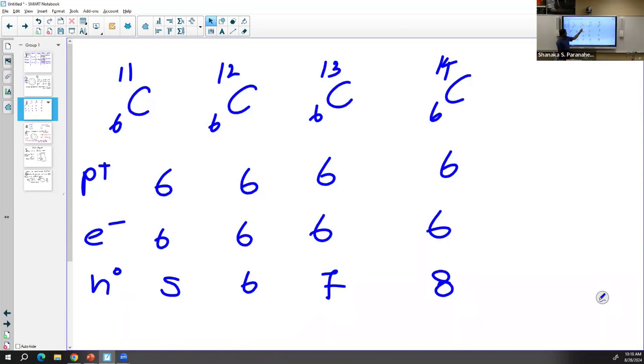When it stabilizes, it can produce C-12, which is the highest percentage in a carbon sample. So the definition of isotopes comes from the mass number or number of neutrons: isotopes are atoms of the same element with different mass number or different number of neutrons.